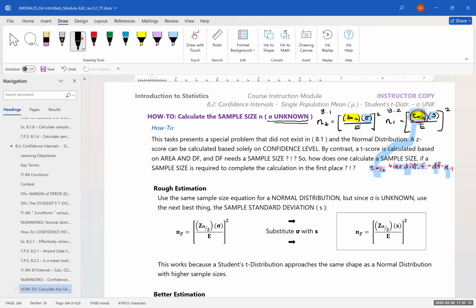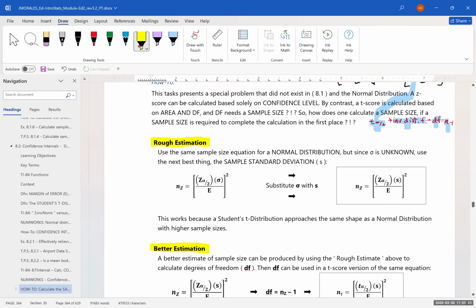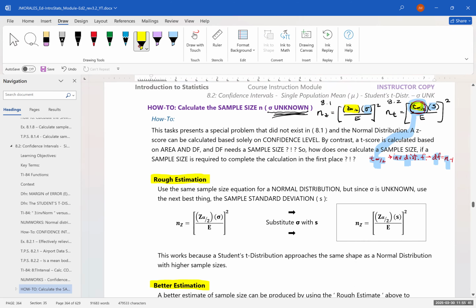Okay, so that presents a unique problem. How do we deal with it in situations when sigma is unknown? Well, we can do both a rough estimate, or we can also do a better estimate. Let me show you what the solution is here as best as we can do with a rough estimate.